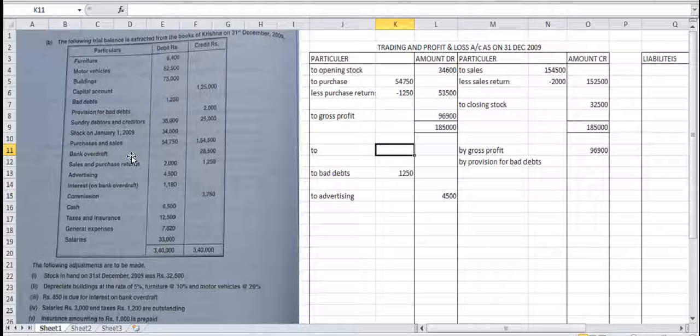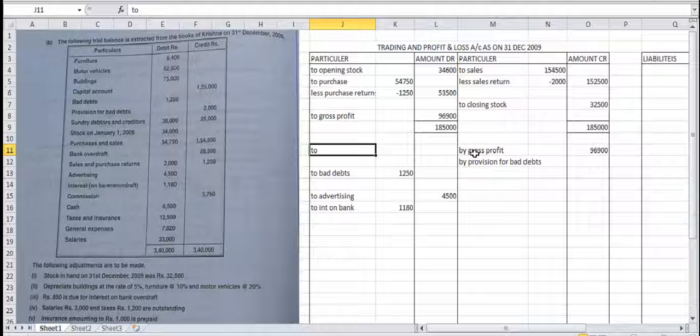Okay, let's go after advertising. Interest on bank, you can also write here to interest on bank. Interest on bank is total 1180, because we have an adjustment on this. Okay, now let's go.